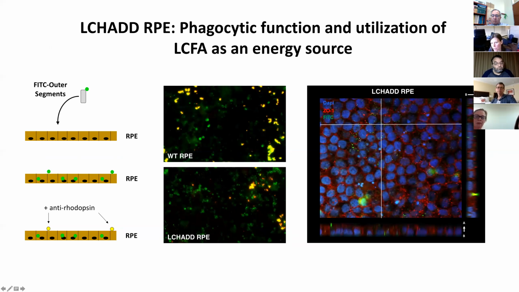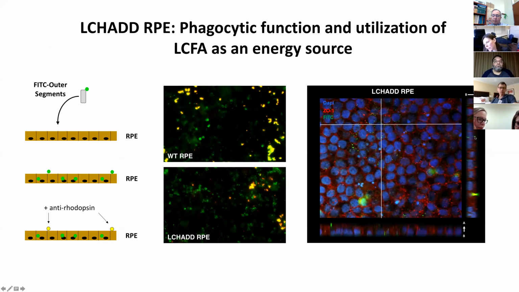And then over here, this is just a confocal image from LCHAD RPE. Here you can get a look at a different section of the cells. These white lines correspond to the images found over here on the sides.